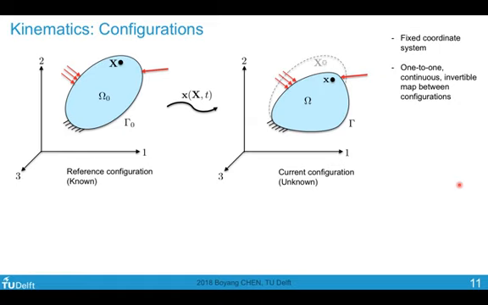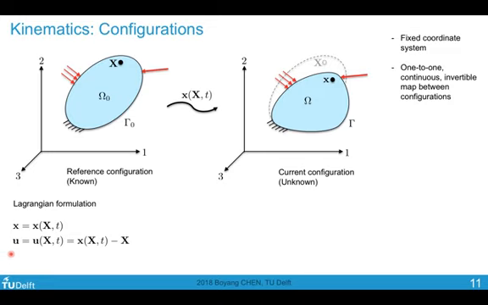This is the so-called Lagrangian description, which means that the coordinates and the displacement are a function of the coordinates of the reference configuration, okay? So the current coordinate of the material point is a function of the reference coordinate and the time.